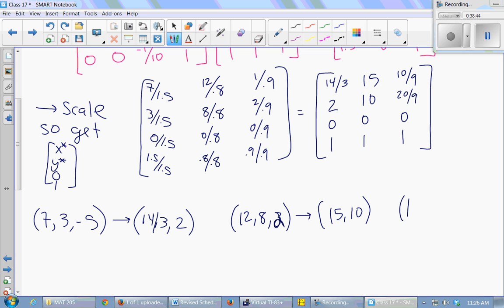And then finally, (1, 2, 1) got mapped to (10 ninths, 20 ninths).